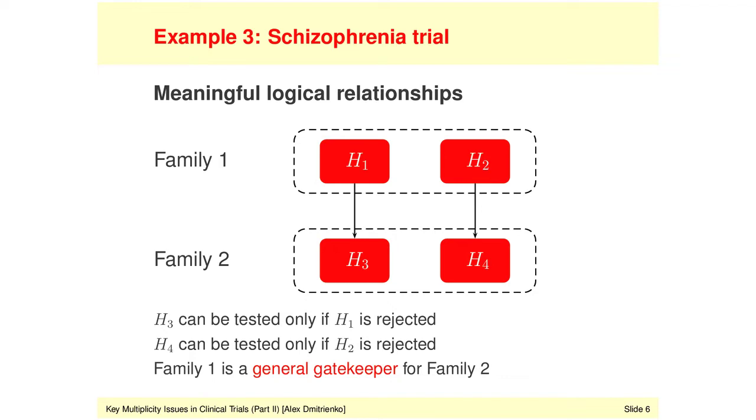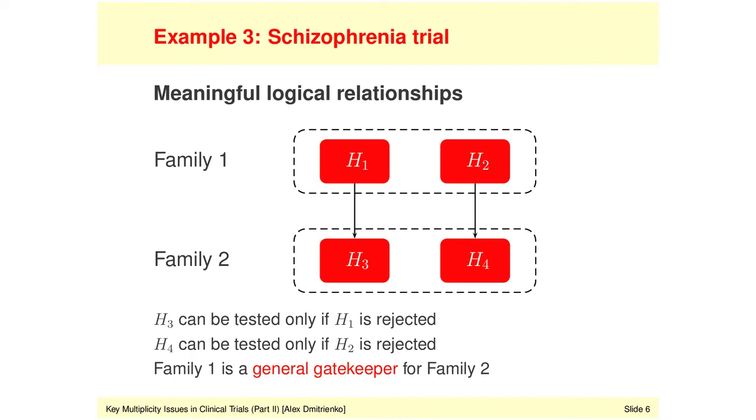And according to these logical restrictions, as shown at the bottom of the slide, the hypothesis H3 can be tested only if H1 is rejected, and likewise H4 can be tested only if H2 is rejected, which immediately implies that the primary family here is not a parallel gatekeeper, because as we said multiple times in Module C, with a parallel gatekeeper, the hypothesis H3 would be testable if any of the primary hypotheses were rejected, which is not the case here.